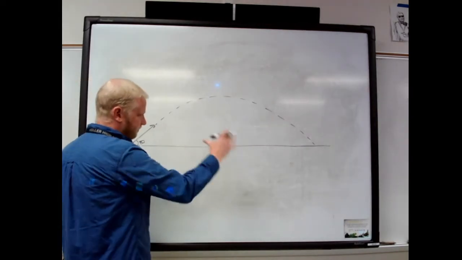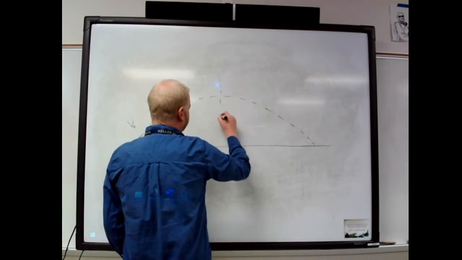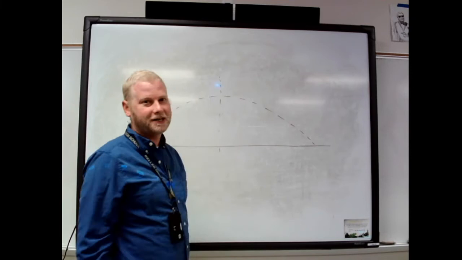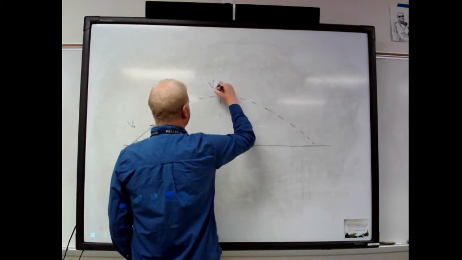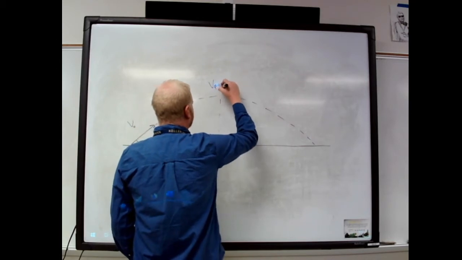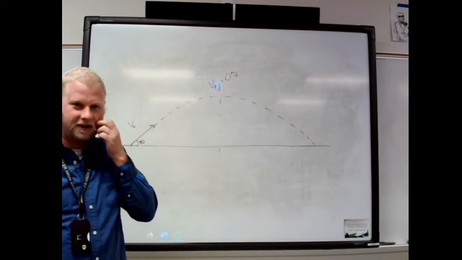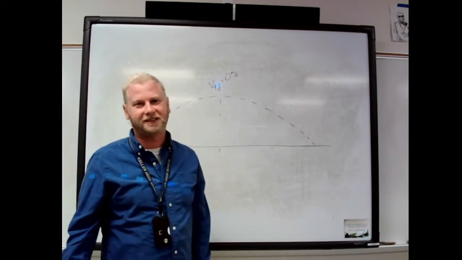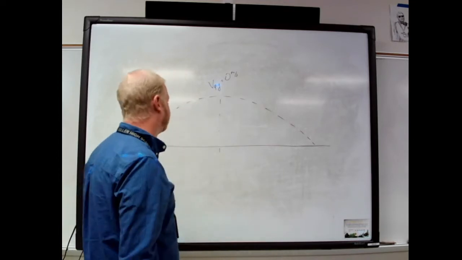Now, if we're analyzing what's going on, halfway through the motion it reaches the peak height. So what we can say is that the velocity at the peak in the vertical is 0 meters per second. Again, we've got to keep our dimensions separate. You've got to examine vertically on its own, and horizontally on its own.